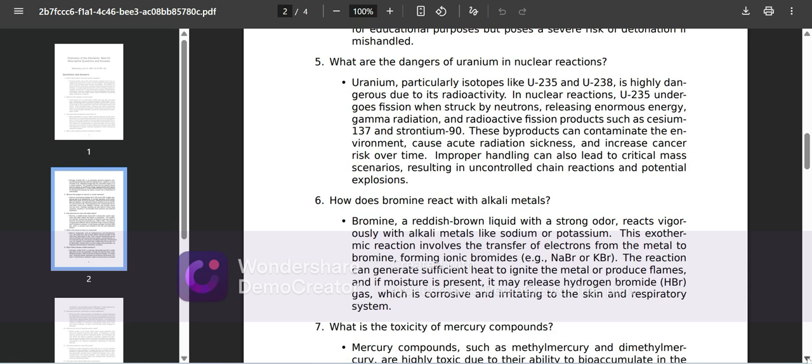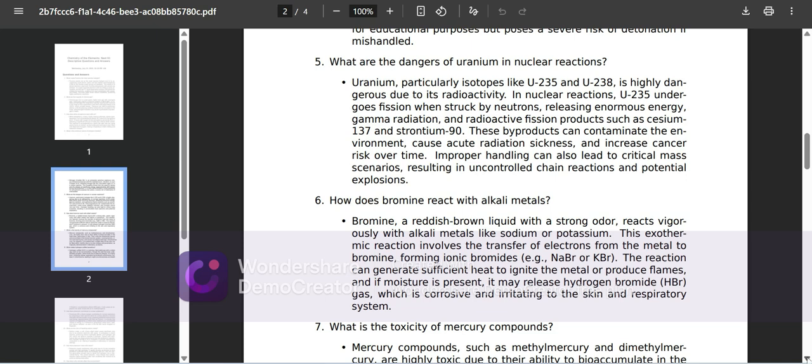How does bromine react with alkali metals? Bromine, a reddish-brown liquid with a strong odor, reacts vigorously with alkali metals like sodium or potassium. This exothermic reaction involves the transfer of electrons from the metal to bromine, forming ionic bromides such as NaBr and KBr.